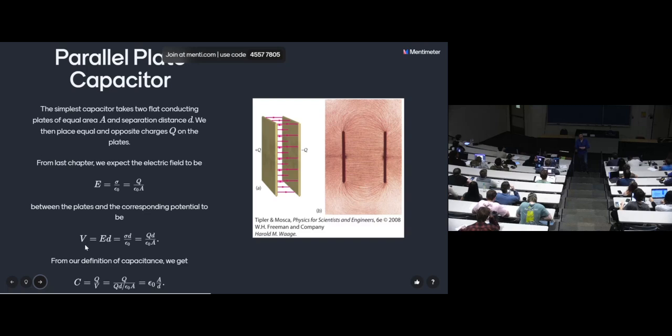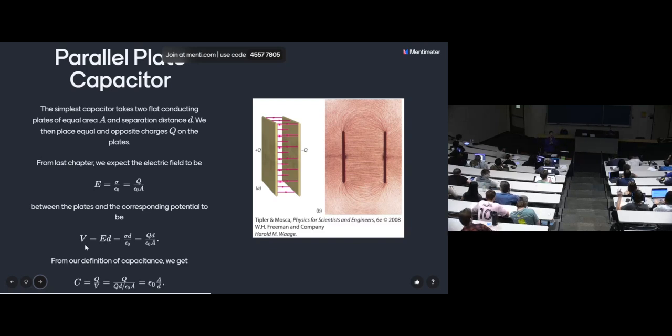So the field is constant between the plates of the capacitor, and then you integrate from one wall to the other. One wall to the other is a distance d. When you integrate over a constant, you just pull that constant out and multiply by the difference between your limits of integration, and you get E times D, the distance between the plates.